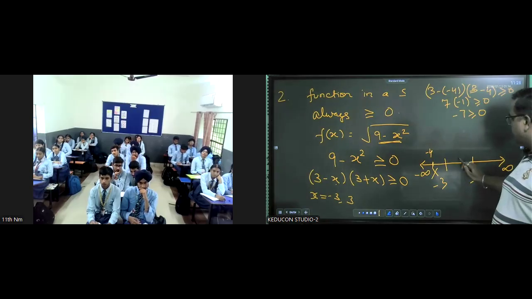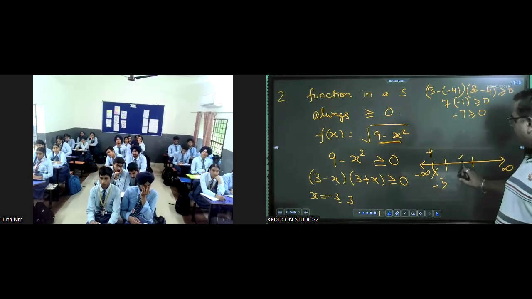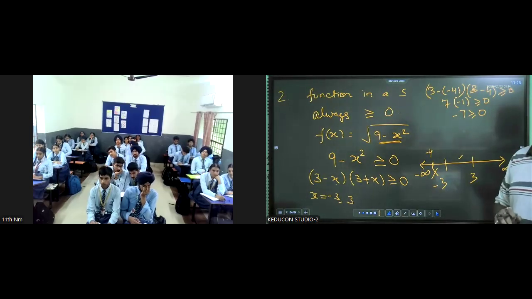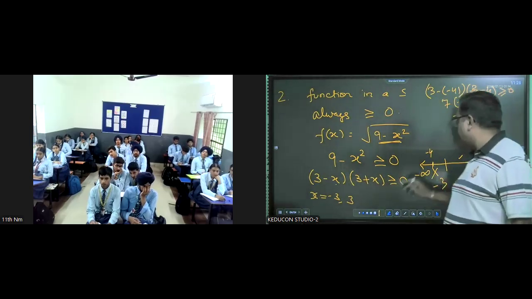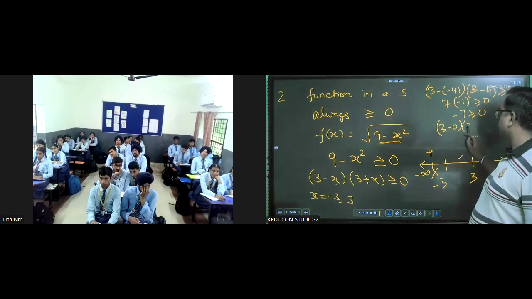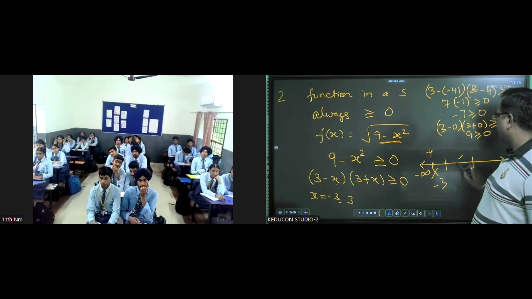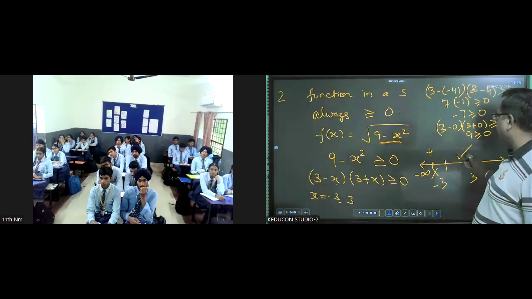Now come to this interval. You can put any number in this interval. Let's say I put 0, which is the easiest to put. If you put 0 here, what does it become? Now is it satisfied or not? Yes, it is satisfied.